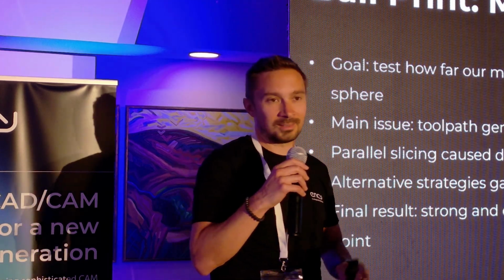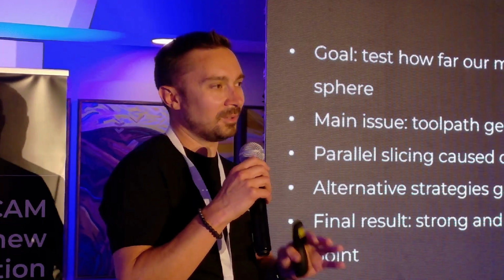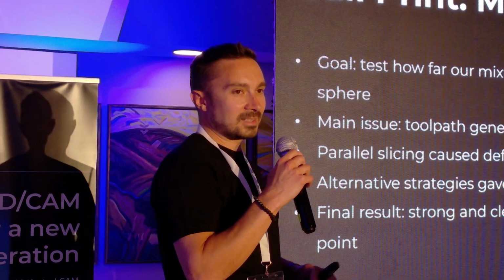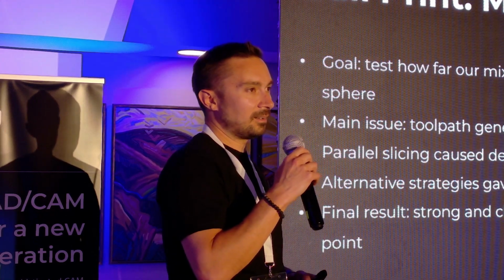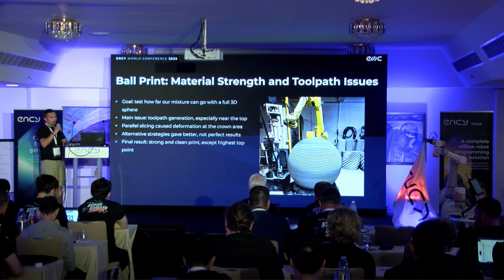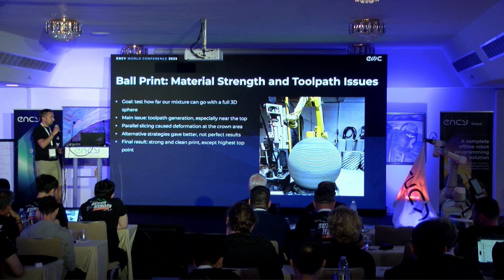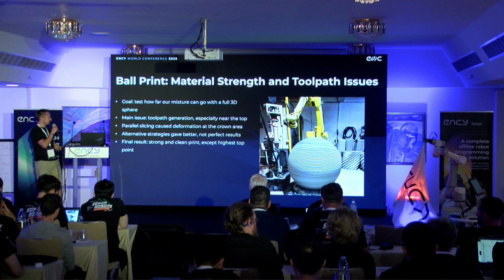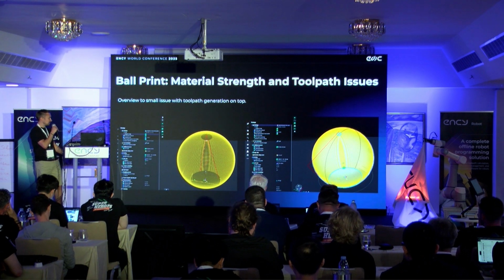Maybe after the ENCY 2.0 update it will be much better, because Andrei said that we have updates in this area, and I think we can do much better. But this is also fascinating. You can see the final result on the video.